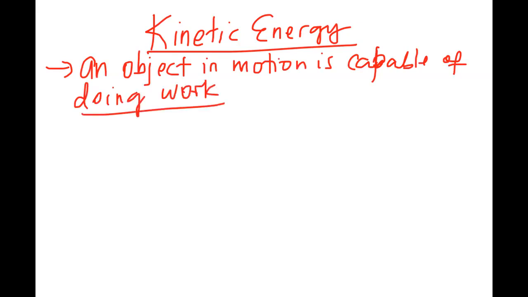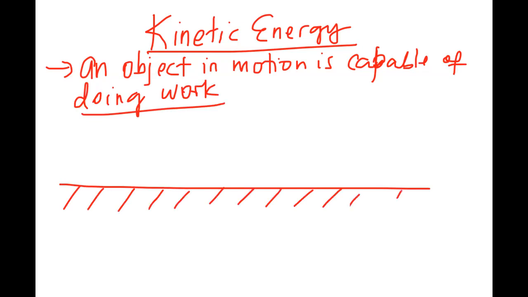I hope you are aware of what happens when a ball in motion finds a cone or some object standing there. When the ball hits this object, it has the ability to push it through some distance.